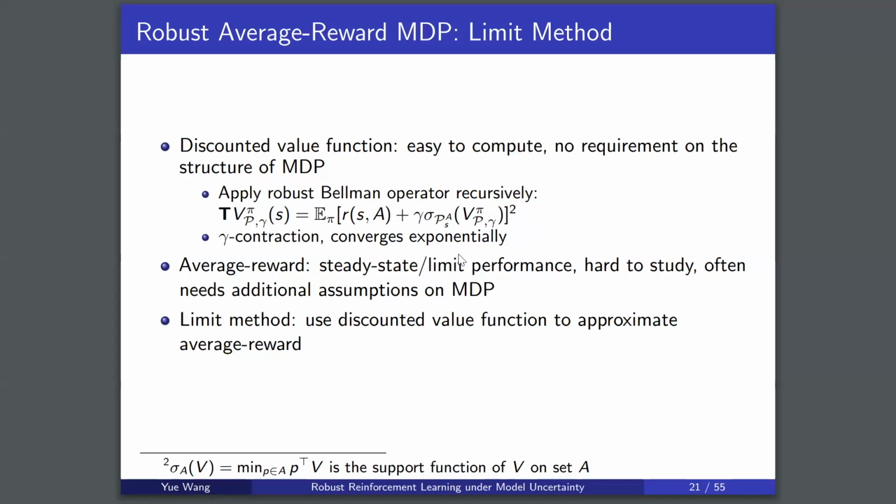Reinforcement learning is more related to the model-free setting, where we do not have information about this uncertainty set. So it won't be easy to calculate this part, because now we don't know what this set is, so the minimum cannot be calculated. That is the model-free setting, which I will briefly discuss later.